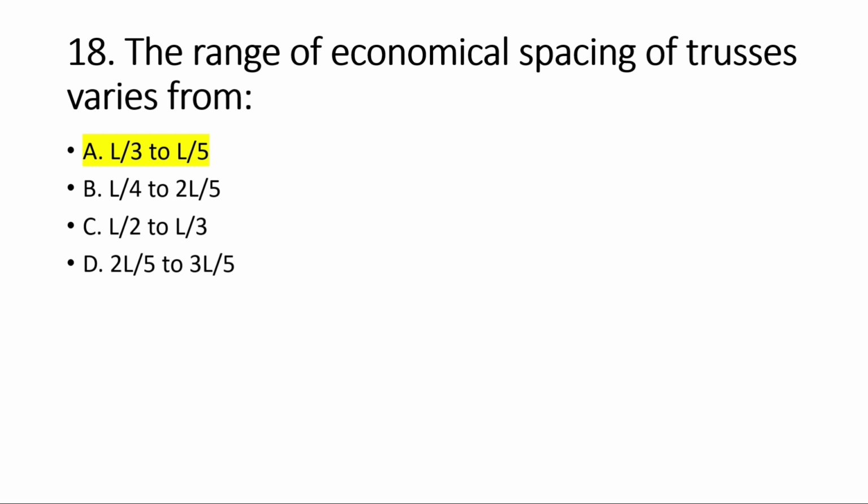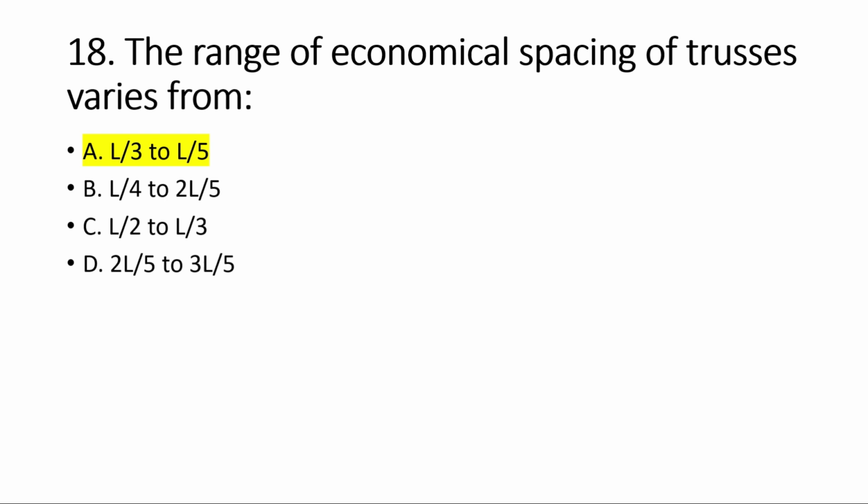The range of economical spacing of truss varies from, so we know the economic spacing of the truss is the spacing that makes overall cost of truss, purlins, roof covering and columns minimum. Okay, so the spacing of roof trusses can be kept as 1 by 4 of the span for up to 15 meter.